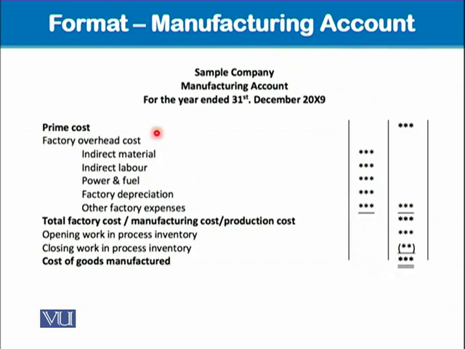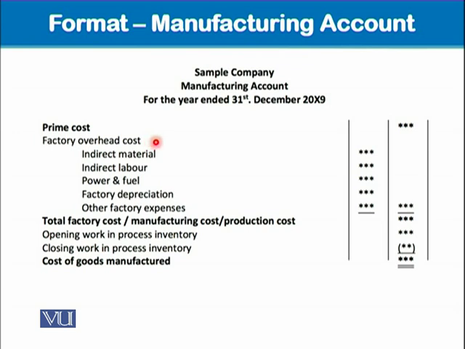The prime cost in the outer column will now be added to factory overhead cost, so that we have total factory cost with us. So we need to work out factory overhead cost, also known as factory or production overhead cost.